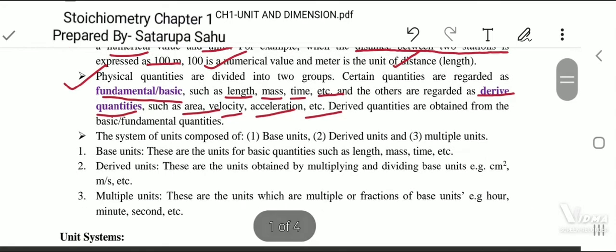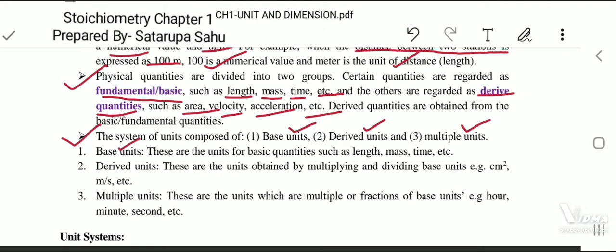Now, let's come to the classification of units. There are three types of units. One is the base unit, another is the derived unit, and third is the multiple units. The base units are the units for measuring the basic quantities. For length, it's centimeter or meter. For mass, it's kg or gram. For time, it's second.